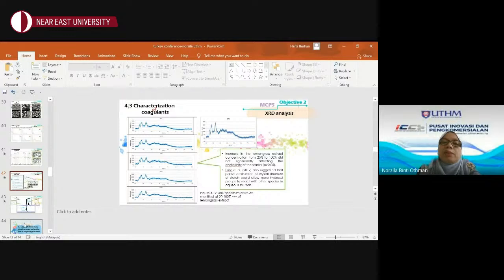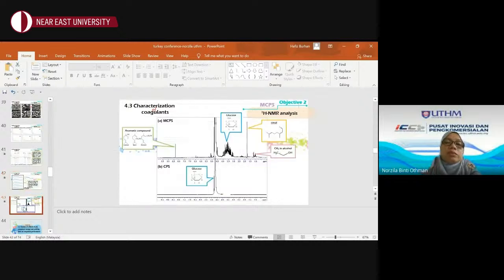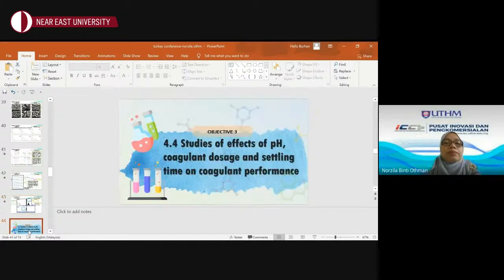XRD also further confirms that a significant amount of crystalline starch exists in the compound. Using the NMR, it further confirmed the presence of aromatic compounds in MCPS and also glucose, but in the CPS only the glucose compound exists.